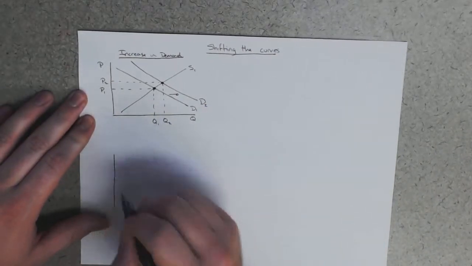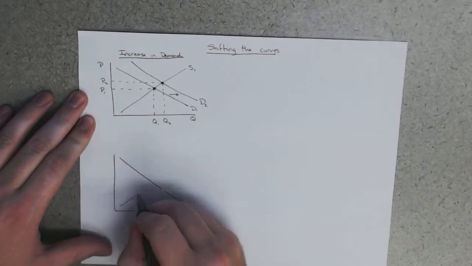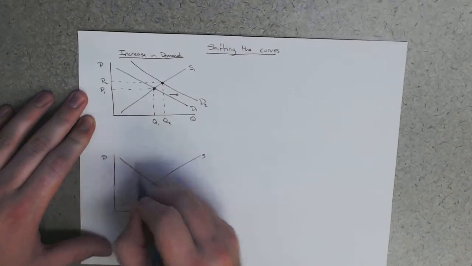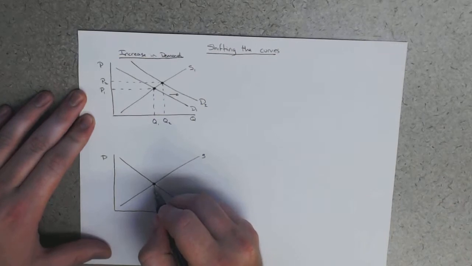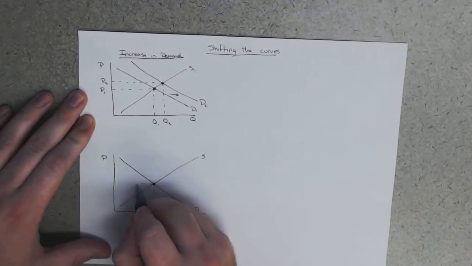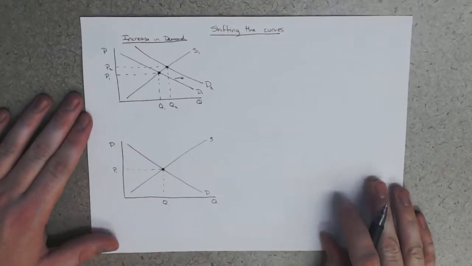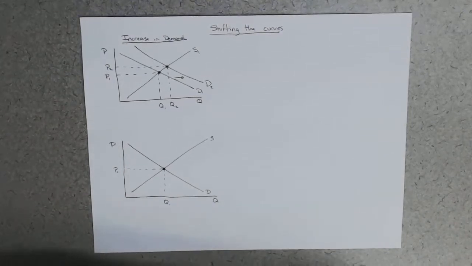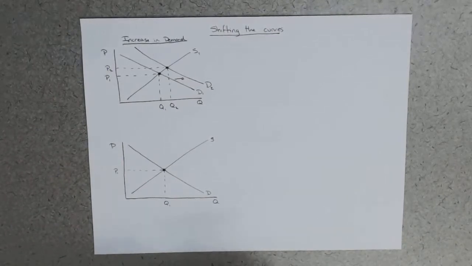So let's say that we've got our initial equilibrium here. All right, I'm going to label everything first. That's our equilibrium. All right, we come down to Q1, we go straight over to P1. Okay, so we've got our equilibrium. Now, let's say that this is the market for hot dogs.